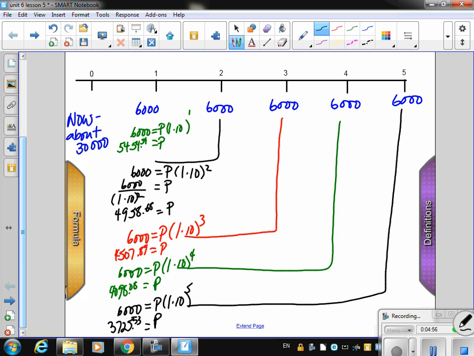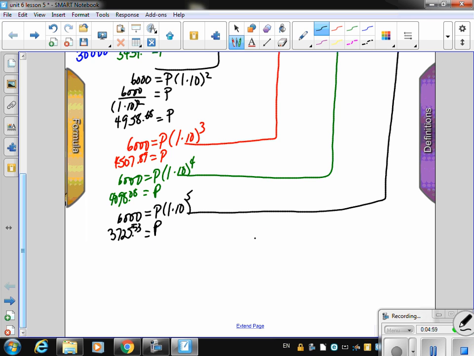So if I take all those bits separately and I add them all up, the total that he would have to invest would be $22,744.72. He would have earned quite a bit of interest in those years and been able to pay that student out $6,000 a year. There is a formula to do all of this in one step.